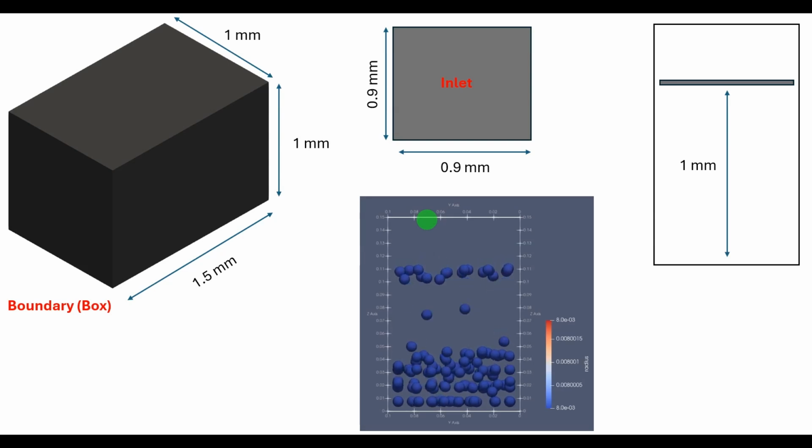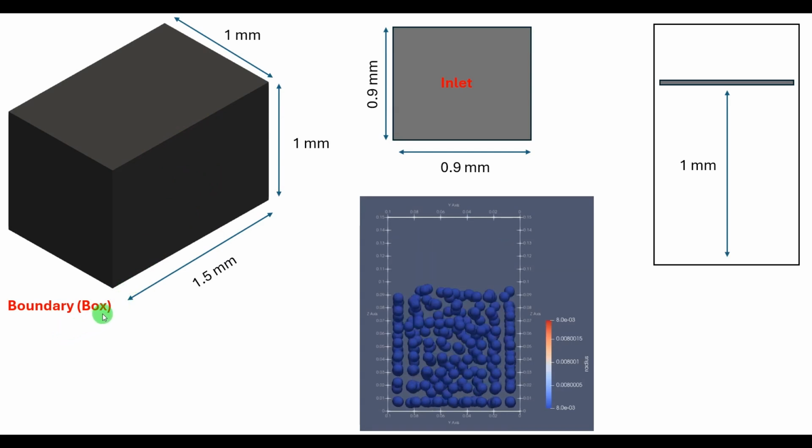And for this kind of simulation we need something like this, a shell box, as you can see, which is called boundary or box. The real one should be 1 by 1 by 1, but in LIGGGHTS we need some extra space for creating the particle.